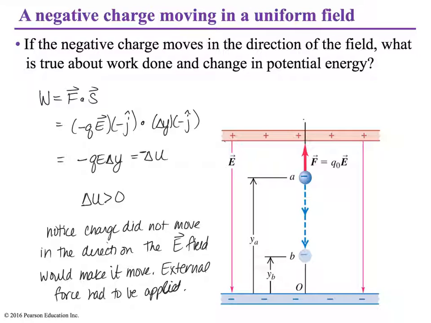Again, the idea that because the force that the charge would feel due to the electric field would have been upwards, it actually moved in the opposite direction, which means, again, some sort of external force downward would have had to be applied. And because that external force was applied, that's what allowed it to increase its potential energy.